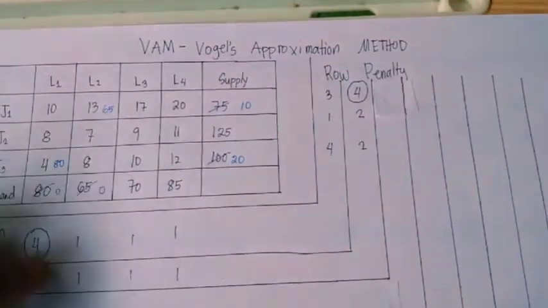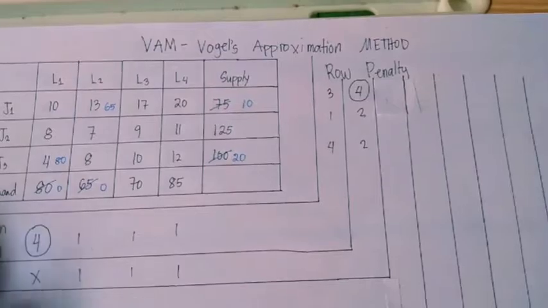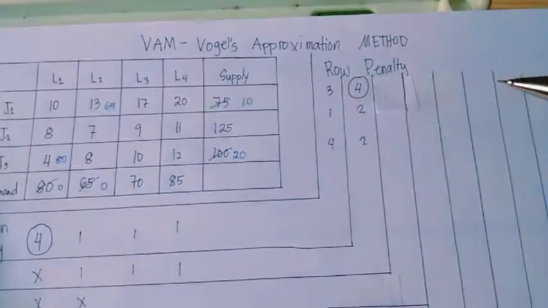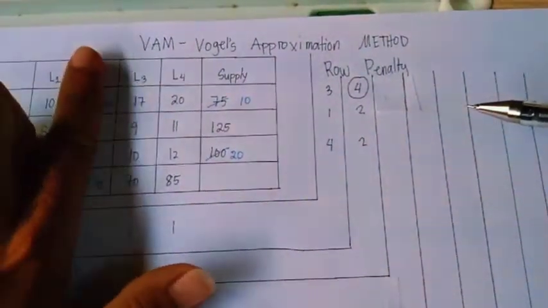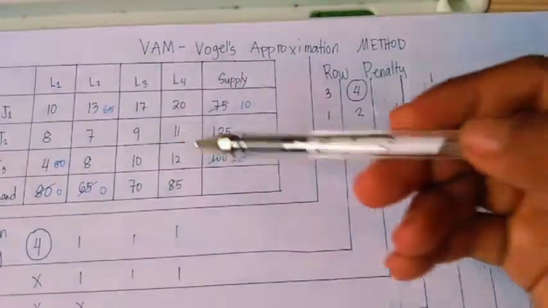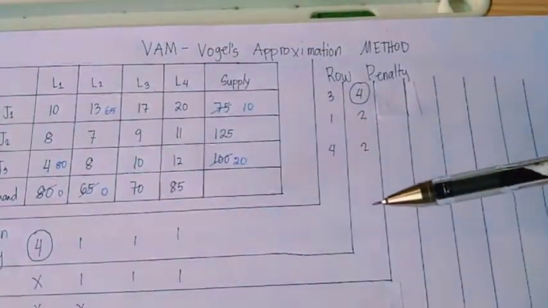Since our demand is now satisfied, we put X here. These two rows are now satisfied, so we'll let them be imaginary. The ones left now are L3 and L4.